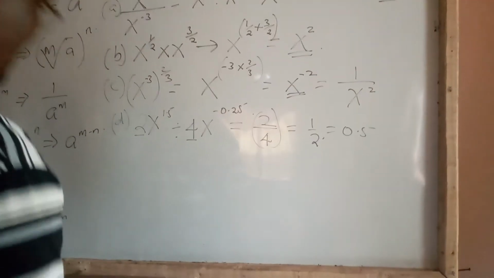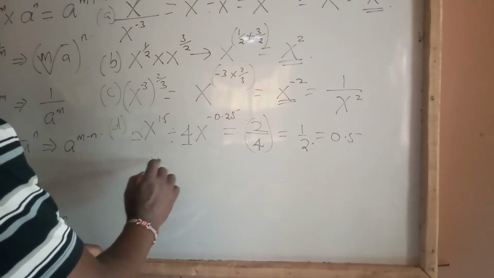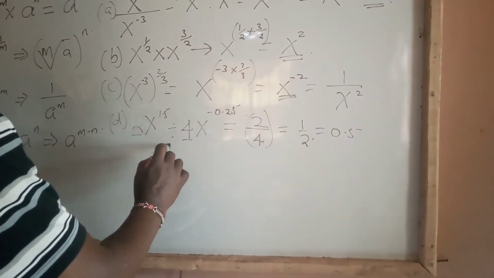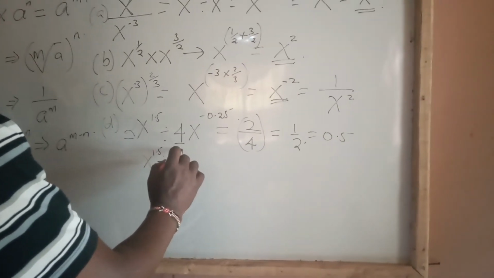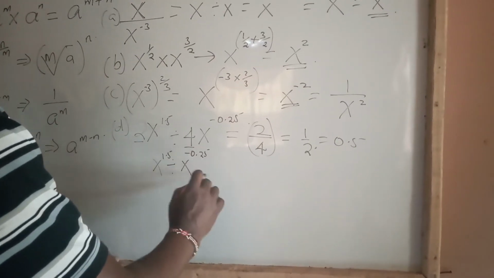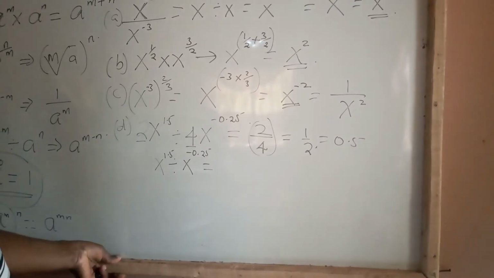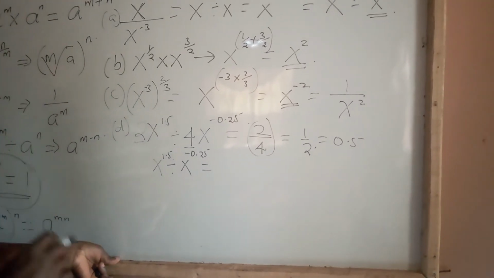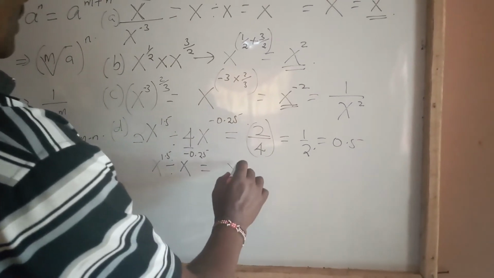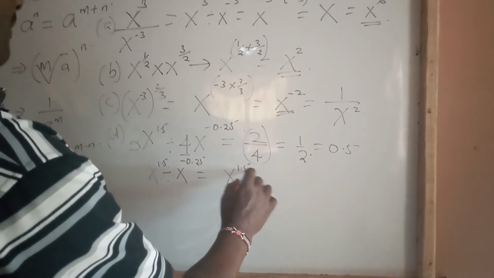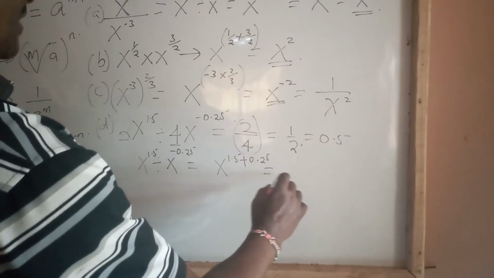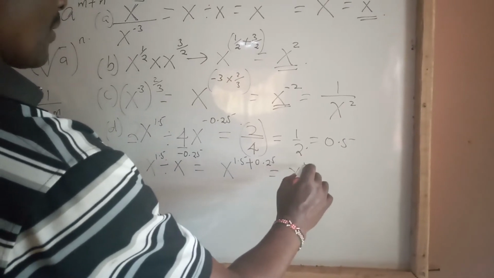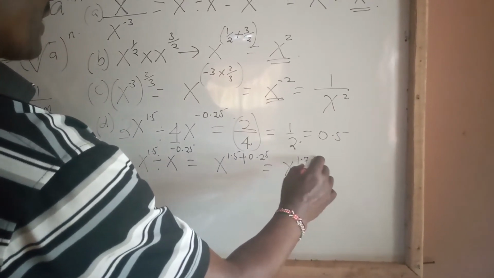What about x now? x raised to power 1.5 divided by x raised to power negative 0.25, which is basically going to use the law of division: x raised to power 1.5 minus negative 0.25 is the same as x raised to power 1.75.